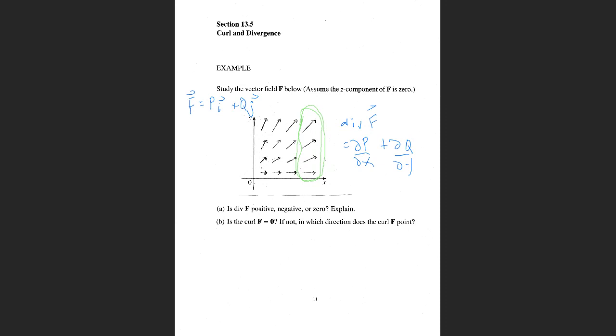Increase. Good, Ian. Increase. That's right. And everywhere you look in the field, if you focus on a portion of vectors and move vertically up in the positive y direction, the q components of the vectors, the vertical components, are increasing. So this is going to be greater than 0, right?